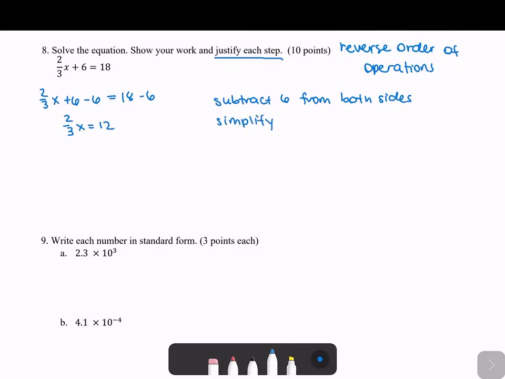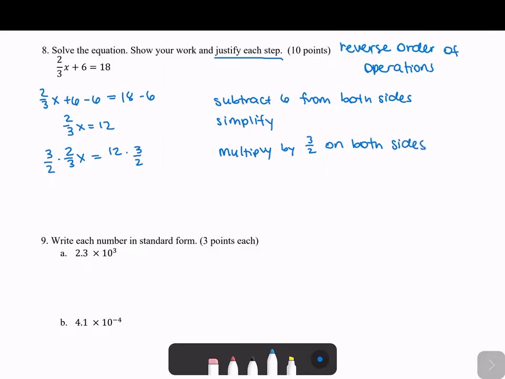Okay, so now to clear, right, we want to isolate x. So now what I'm going to do is I'm going to multiply 12 times, I'm going to multiply by 3/2 on both sides, which is the reciprocal of 2/3.